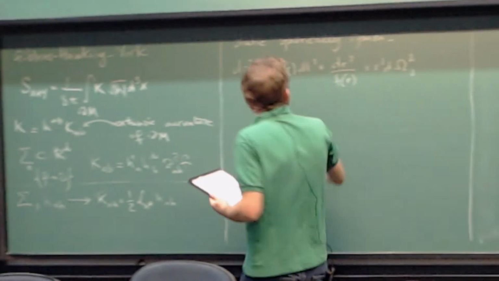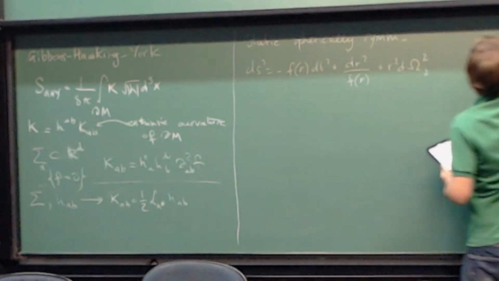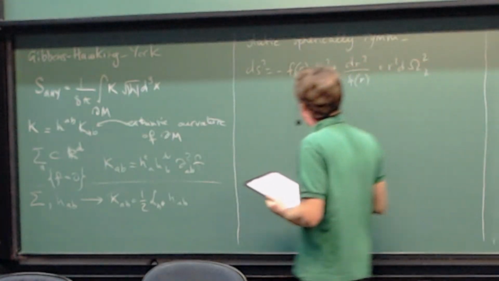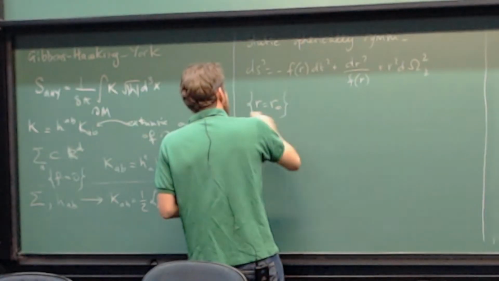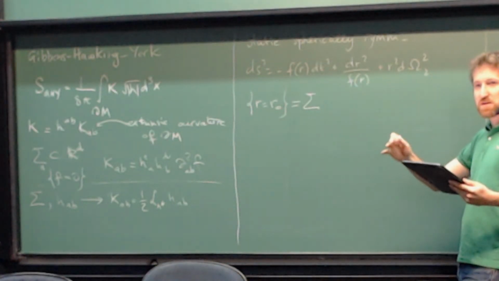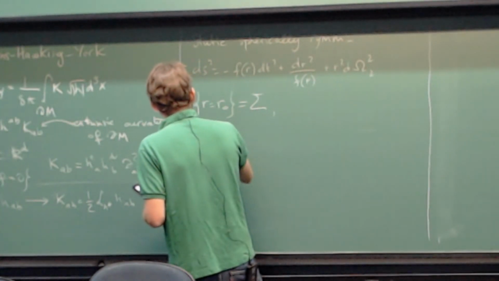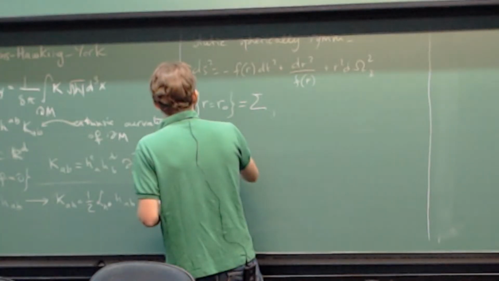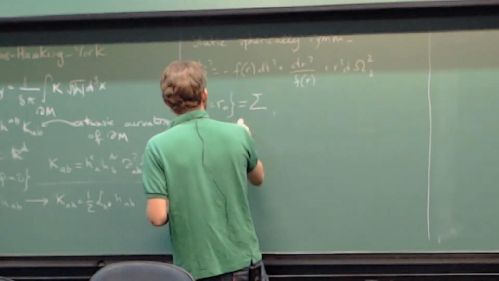So we need to consider the boundary at fixed R, which is this boundary. This is our boundary, or surface, sigma. There is an induced metric, which is, sorry.